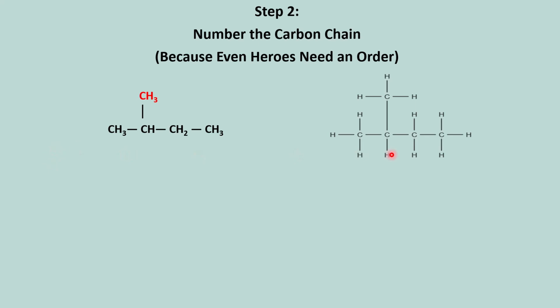This compound here is the same as this. CH3 is the CH3. But I'm going to use this one for the explanation of numbering the carbon atoms. We have two options of numbering. Option 1 is this, and option 2 is this.